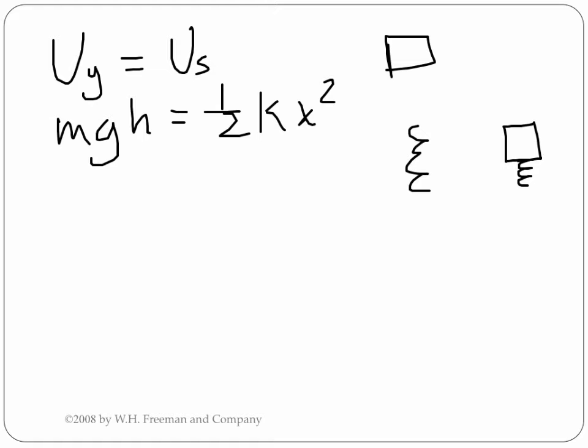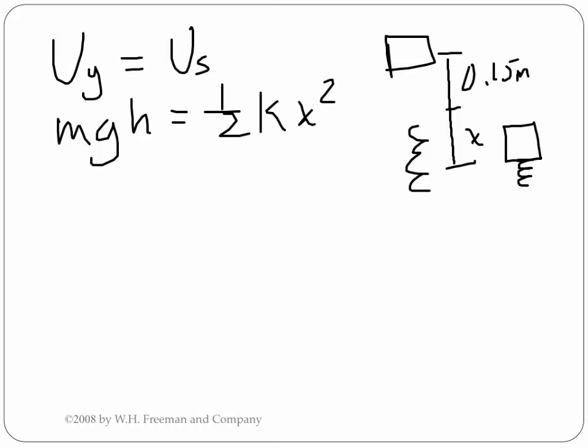That block has traveled a height right here. It started off above the spring, and the maximum height it fell was all the way down till the spring was compressed. So technically, it could have fallen this original height here. I think the problem gave us about 15 centimeters. And then it's going to fall whatever this compression x is here.